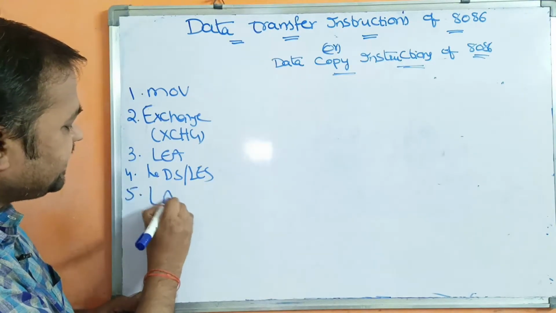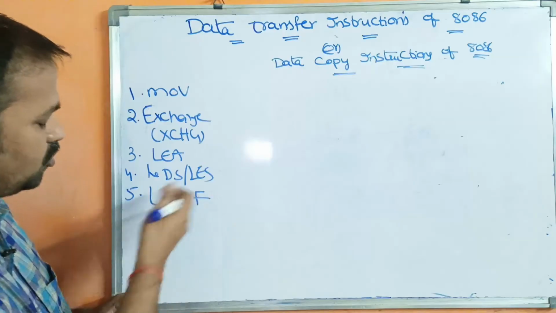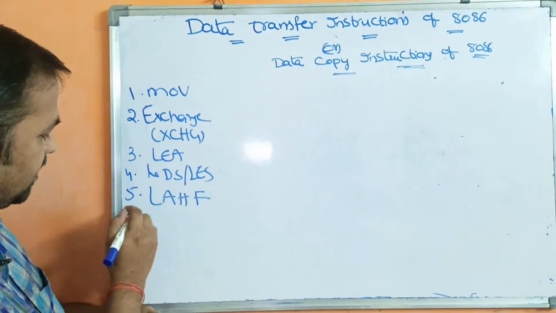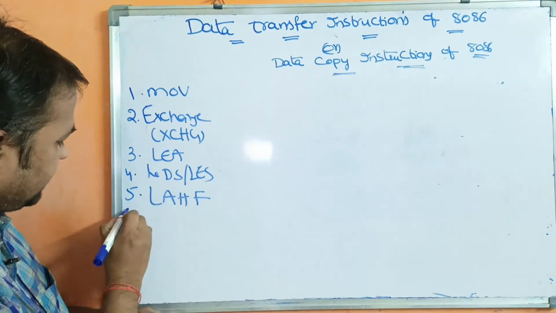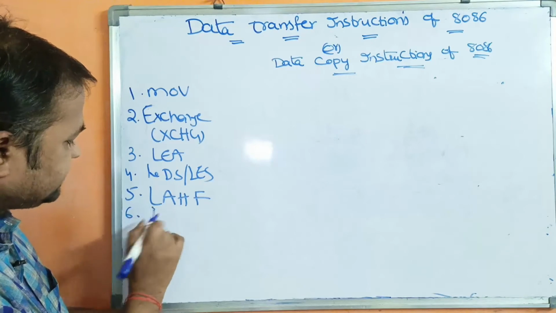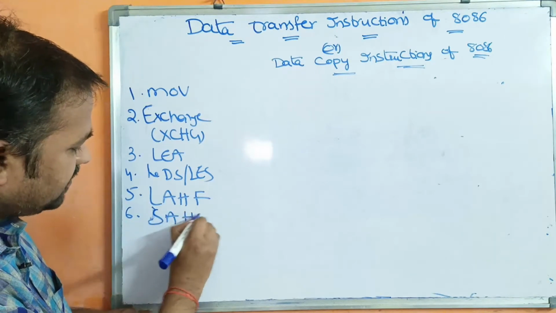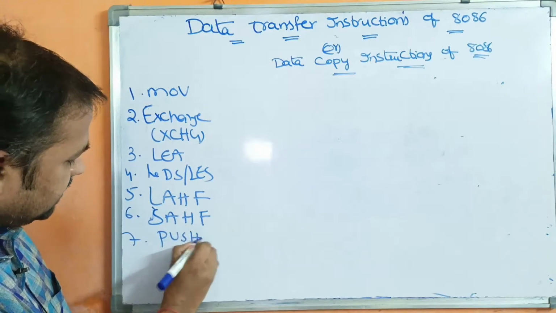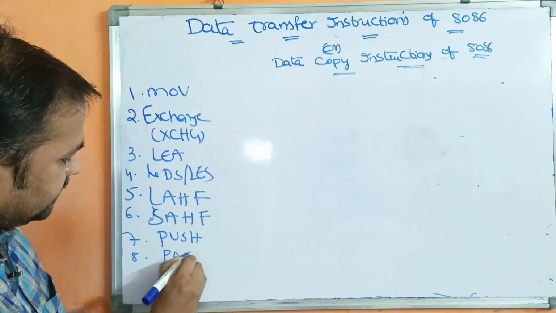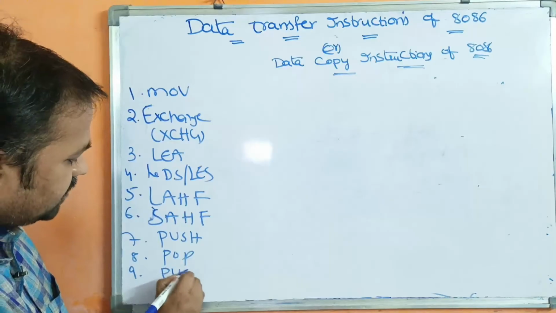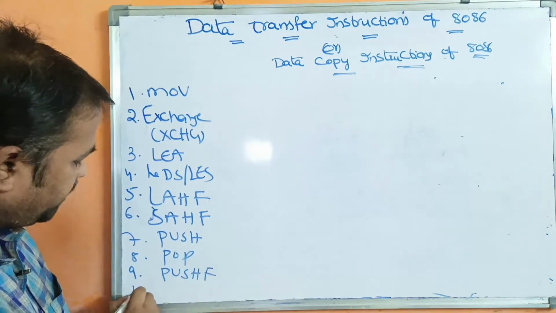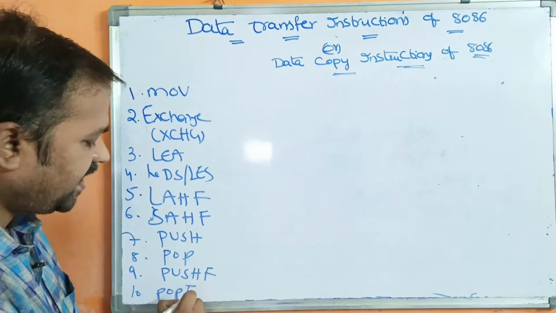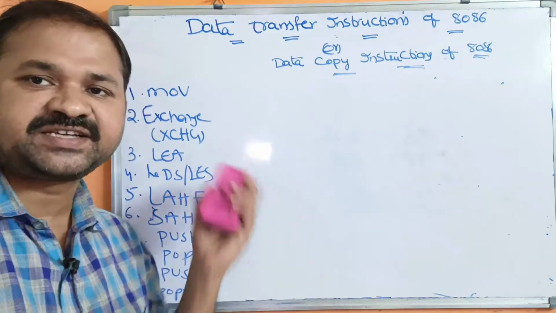Next one is LAHF, load AH with flags. Next one is SAHF. Next one is PUSH, next one is POP, and the last two are PUSHF and POPF. So totally we have 10 data transfer instructions.